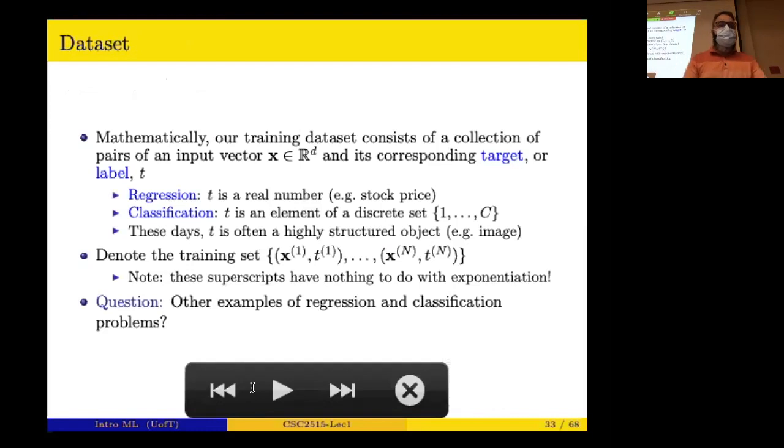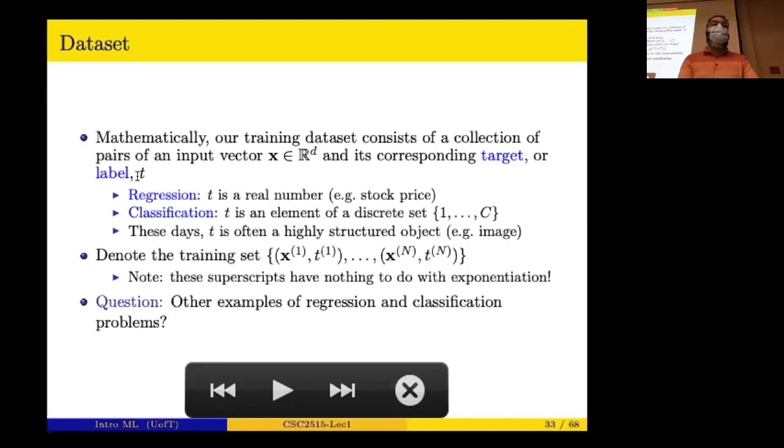Okay, so let's talk about the representation that we give to a machine learning algorithm, in the form of a data set that we call the training data set. What is a training data set? It consists of a collection of pairs of an input vector x, which belongs to a D-dimensional space, and its corresponding target, output, or label t.